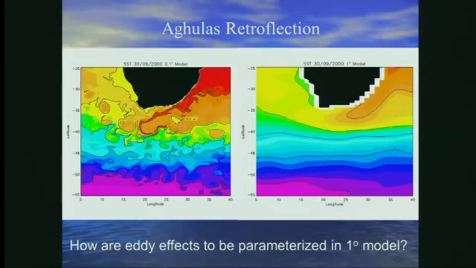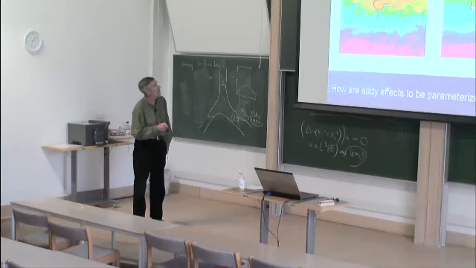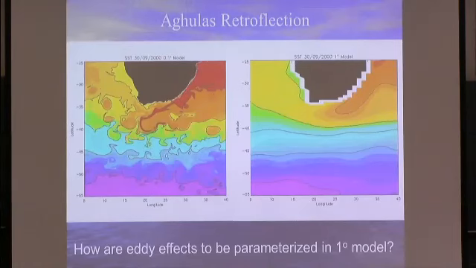What you can see here is that there's a strong current coming down the southeast side of South Africa called the Agulhas current. And it comes round and it retroflects in this direction and goes back to the east here, joining what's known as the Antarctic circumpolar current, which is a strong current that goes all the way around the Earth at the high southern latitudes.